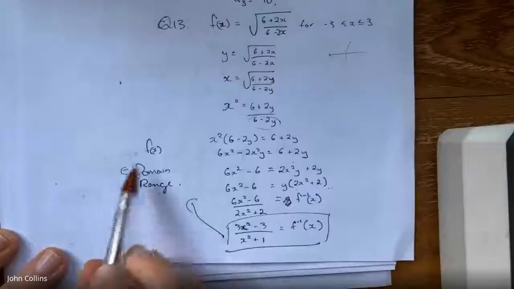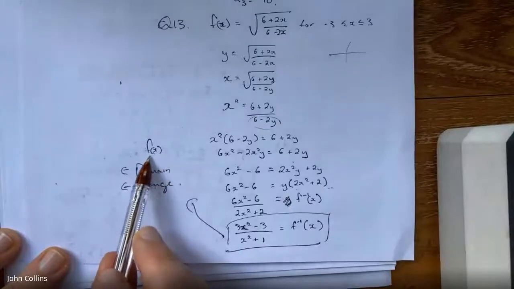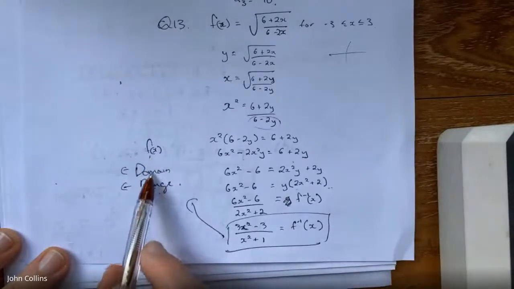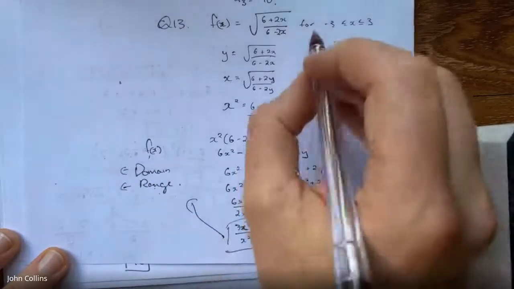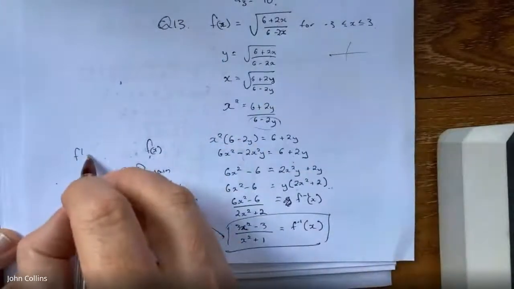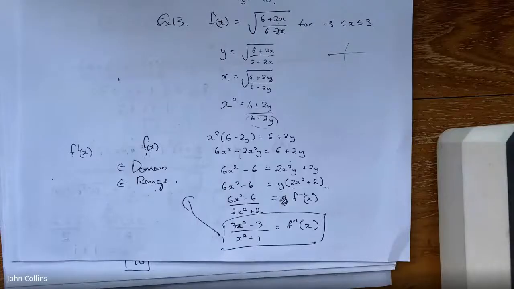Well, let's have a little look. Oh, not quite. So if we have the original function's domain and range, what can we say about the inverse function's domain and range? The inverse of those. Yeah.